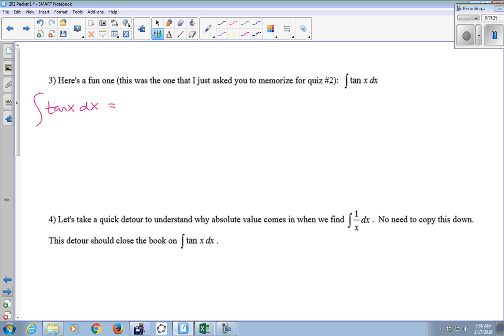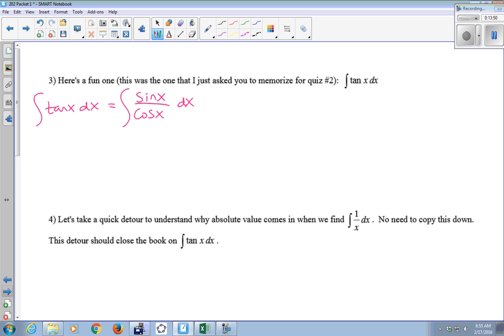The trick here is to rewrite tangent as a quotient, sine over cosine. So this becomes the integral of sine x over cosine x dx. Sine and cosine are derivatives of each other, right?